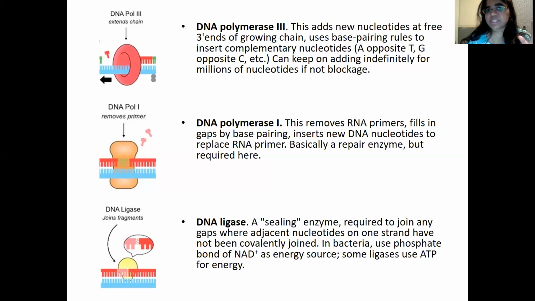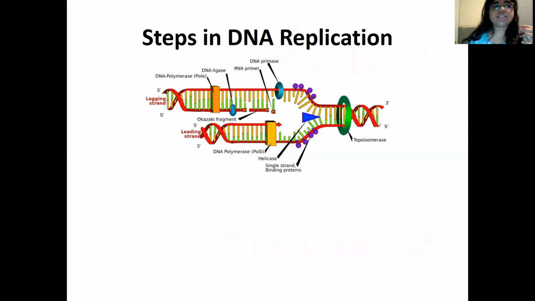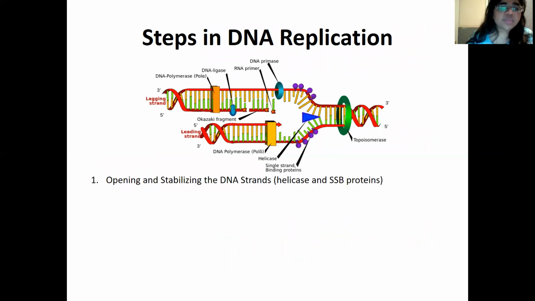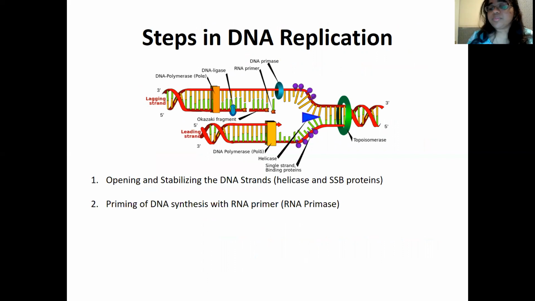enzymes involved in replication. And now we see where these steps lie. The first step is to open and stabilize the DNA strands. The second step is to prime, or start off DNA synthesis, with a primer. So you need a primase to put that primer in.